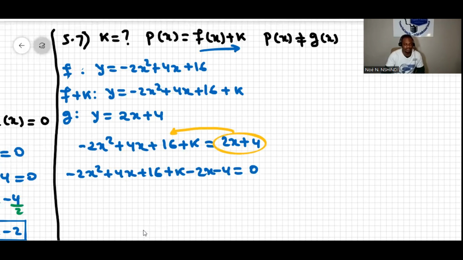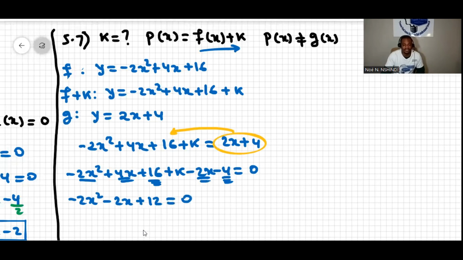Now, like terms, we have negative 2x squared, and then terms with x, we have 4x and negative 2x, and then 16 and negative 4, that makes positive 12.